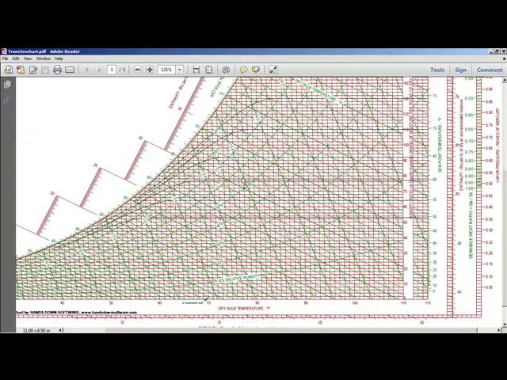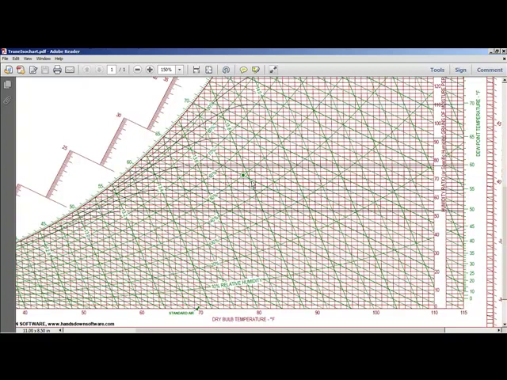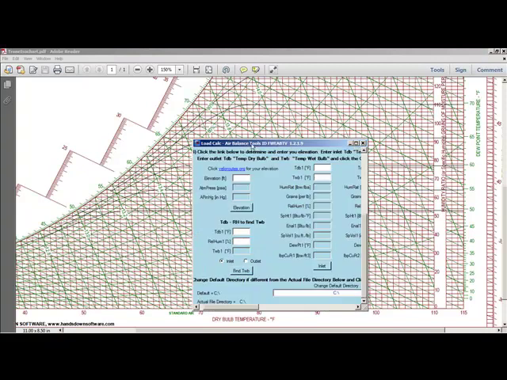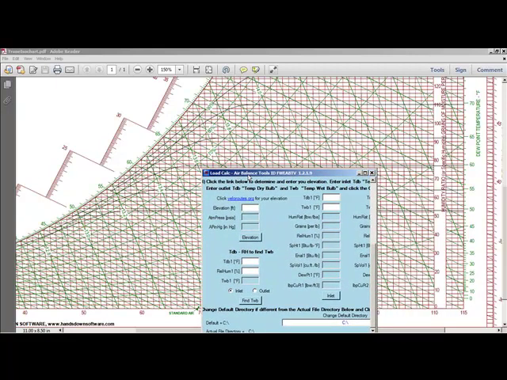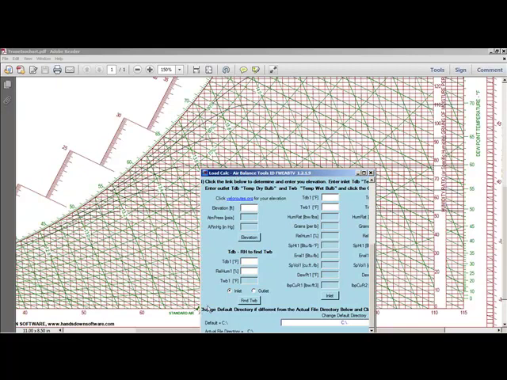So what we're going to do is, let's zoom in just a little bit, and we're going to plot using ABT to show you how easy it is to do these calculations. As you notice, if I put my tool on the left here and I'm at the 70-degree dry bulb temperature, that line doesn't go straight up.